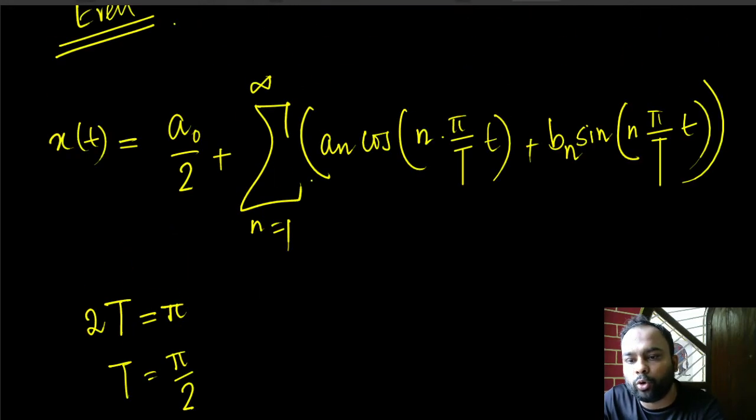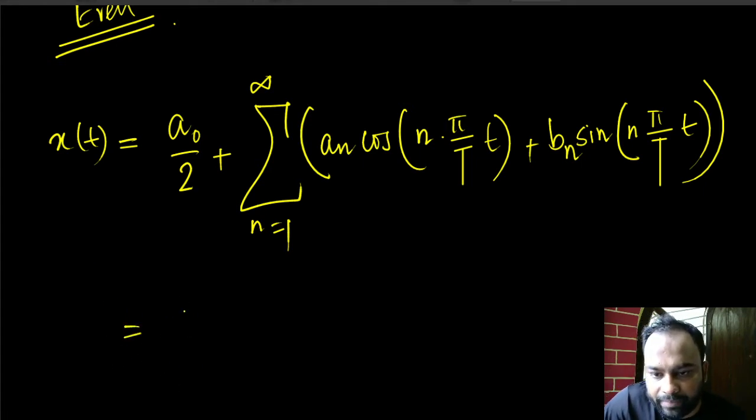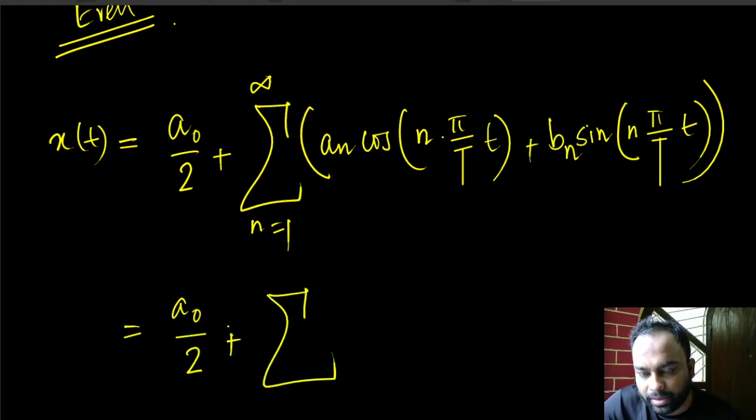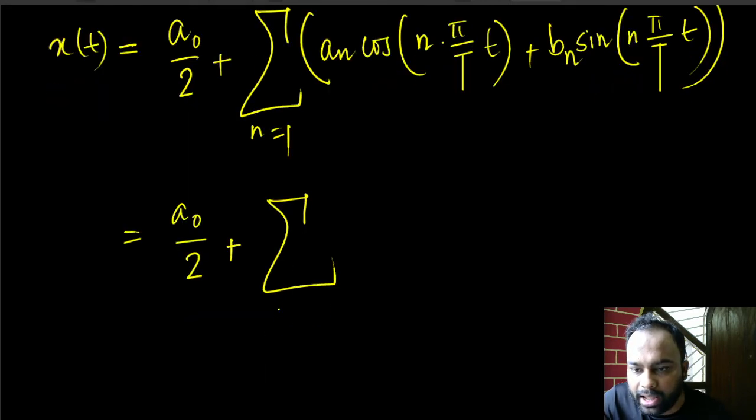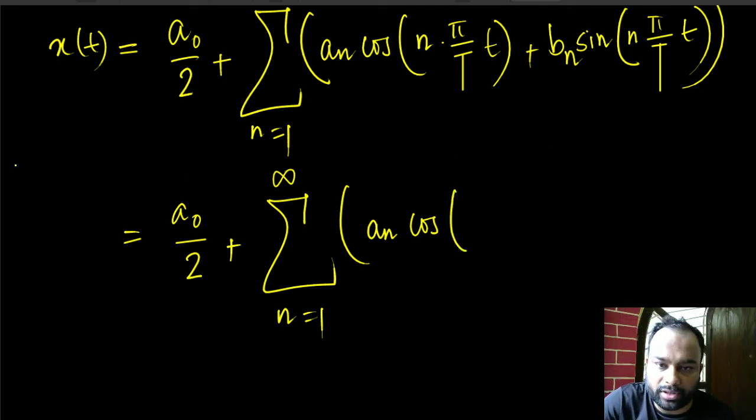So all I have to do now is put this expression here. If I put T equal to pi by 2 here, what do I get? I get a0 by 2 plus summation n equal to 1 to infinity, and I have an cos, instead of T, pi by 2, because for this signal 2T equals pi, that's the total time span for which we are calculating.